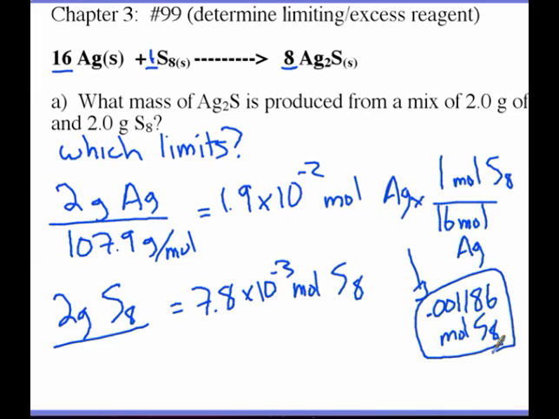Okay? The question is, do I have that? Yes, I do. I have 0.0078 moles. Just converting that out of its scientific notation. I have 0.0078, which means that I have excess S8. In other words, if I'm going to use up all the silver, I'm going to have plenty of S8 then to react.